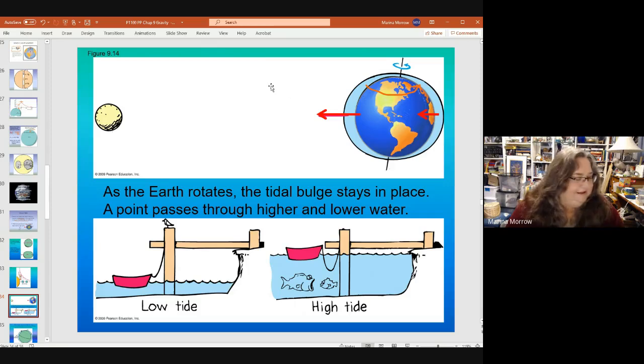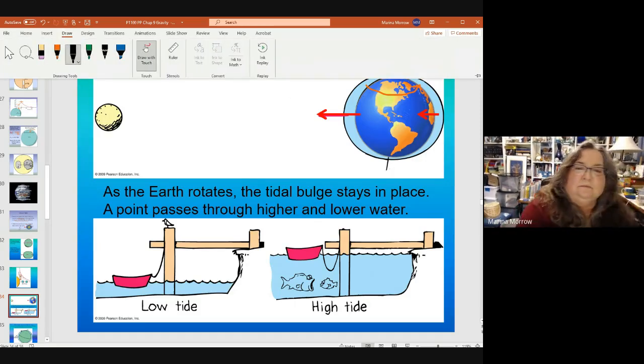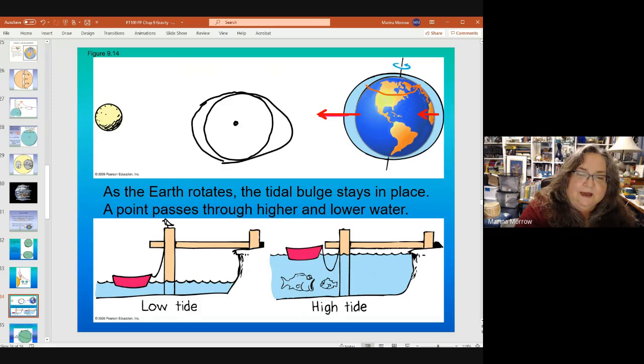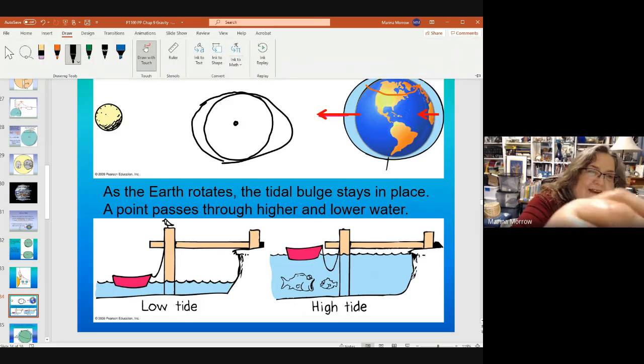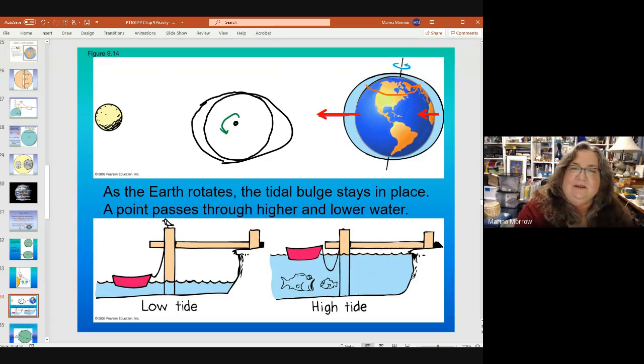So if we were looking at this from the top, here would be the North Pole, for instance, and our Earth around it. And there would be the tidal bulge. The Earth would be rotating like this. As you go around, if you lived somewhere on a coastline, you would experience a high tide.